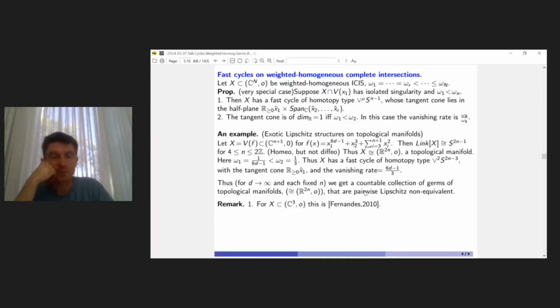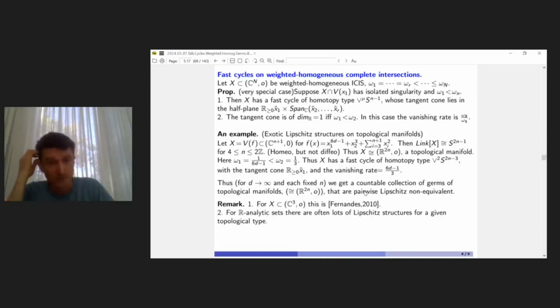Now, in fact, the proposition is known in some cases. For example, for surfaces in C^3, this is a preprint by Alexandra. Now, for real analytic sets, there are very often lots of Lipschitz structures for a given topological type. For example, for horns, we have a countable number of Lipschitz structures.